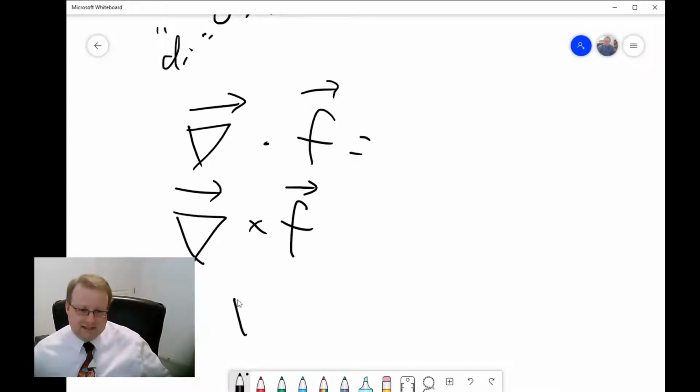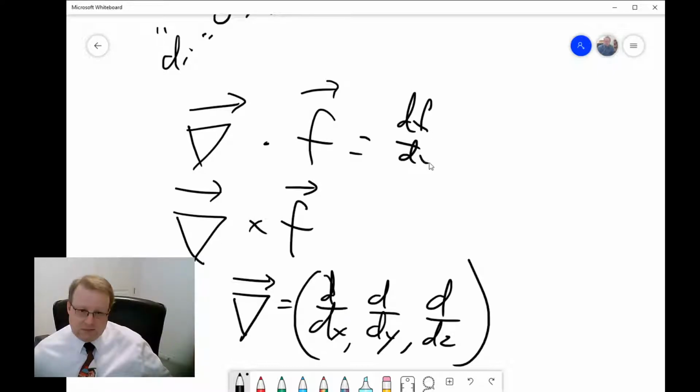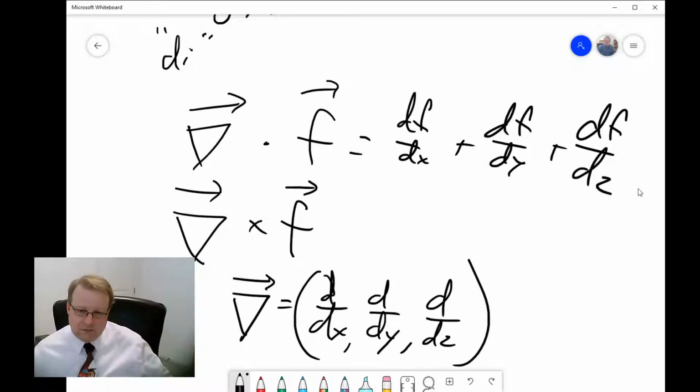So if this nabla, this upside down triangle, is a vector that is the derivative with respect to x in the x coordinate, derivative with respect to y in the y, and derivative with respect to z in the z, then this dot product is df dx plus df dy plus df dz.